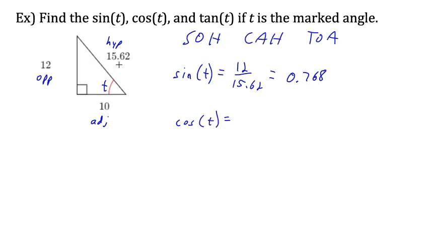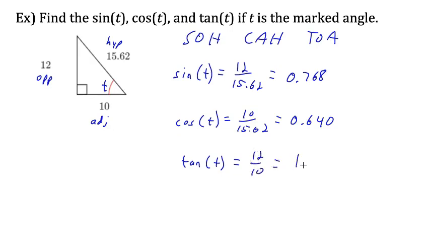So that'll be 10 over 15.62. And when we divide that, we get 0.640. And the tangent of angle t, well, tangent is opposite over adjacent, so that's 12 over 10. And when we divide those, we get 1.2.